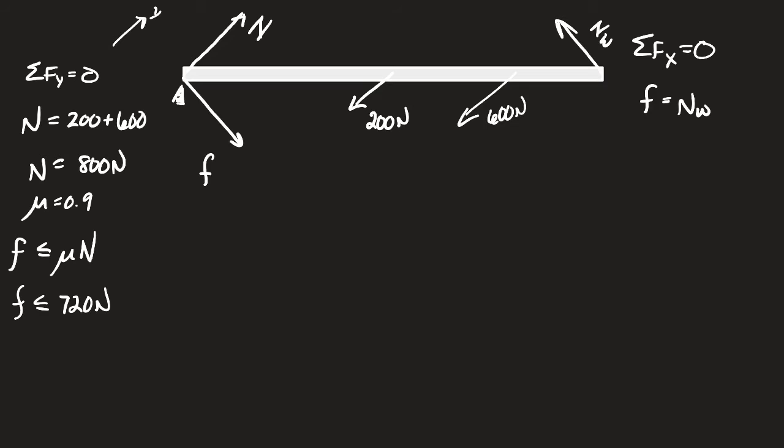The issue here is that this force and this force are both trying to make the ladder pivot this way. Right? Which means in order to keep the ladder from collapsing downwards, the wall has to push the other way.